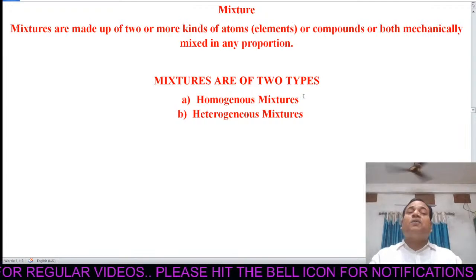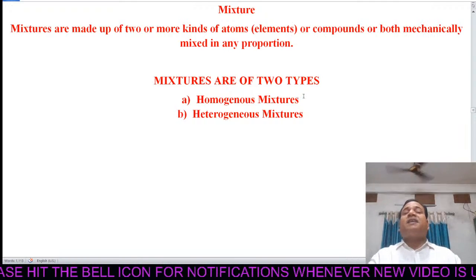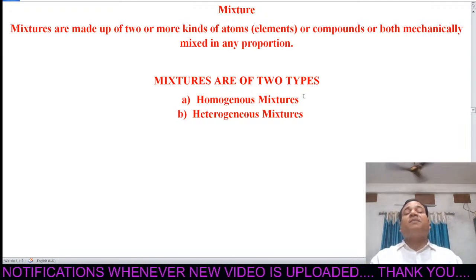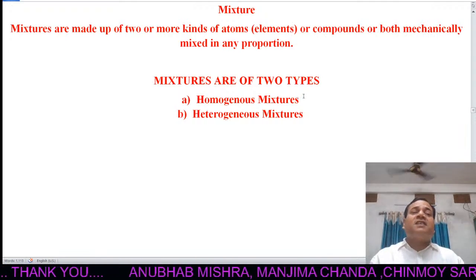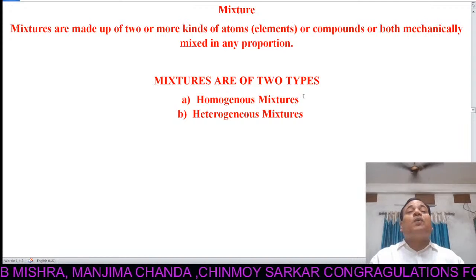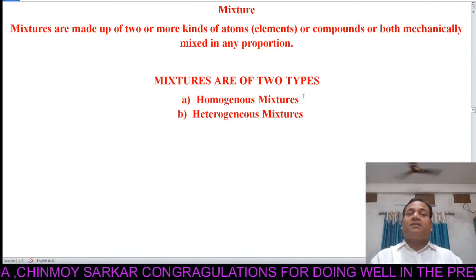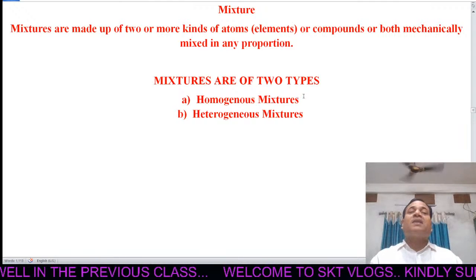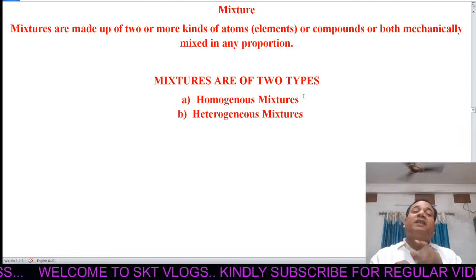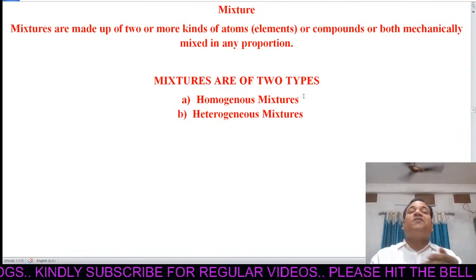Now mixtures are of two types, homogeneous mixture and heterogeneous mixture. What you understood? What is a mixture? Mixtures are made up of two or more kinds of atoms. Minimum two things, two elements will be needed. But it may be more than two, 3 हो सकता है, 4 हो सकता है.